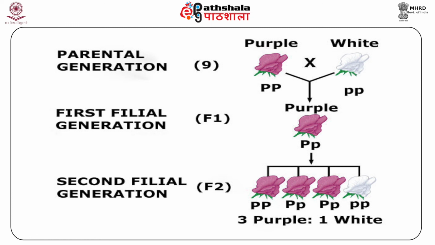Capital P is the parent generation, where each parent is homozygous for the character under consideration. The heterozygous progeny resulting from this cross is called the F1, or the first filial generation. When this F1 generation is self-fertilized, it results in the second filial, that is, the F2 generation.